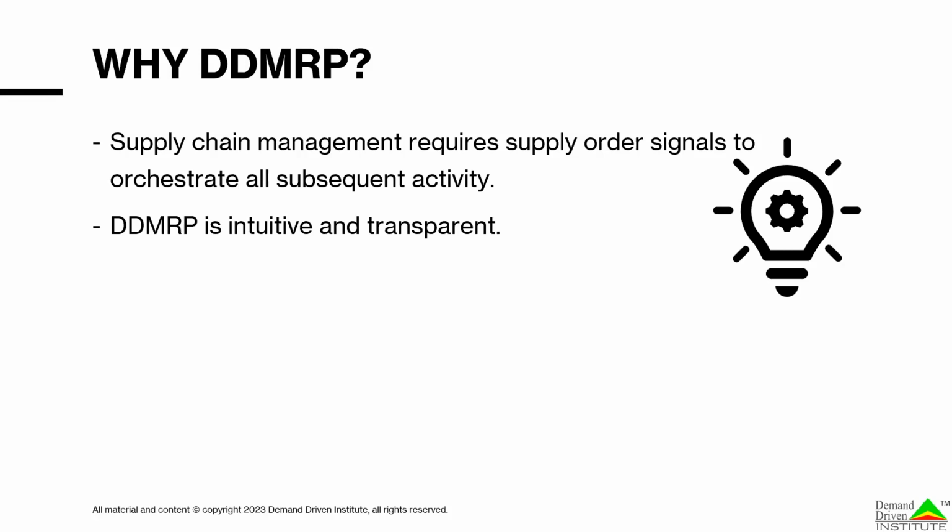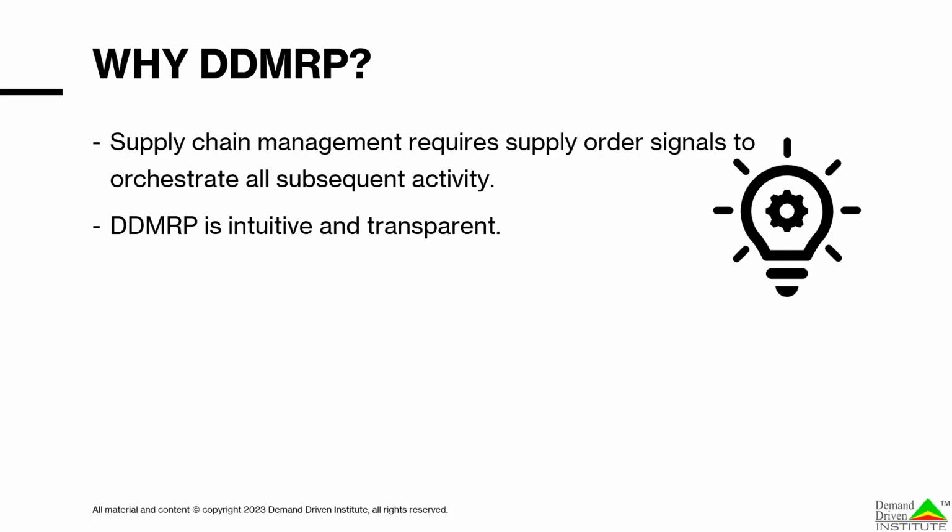One thing that we don't talk enough about when we say DDMRP is intuitive and transparent is that what we're building here is a solution for the next generation supply chain. The 20s. Because DDMRP aligns with what they think technology should look like and how it should behave. When we automate, it's like, oh, yeah, that makes sense to me.